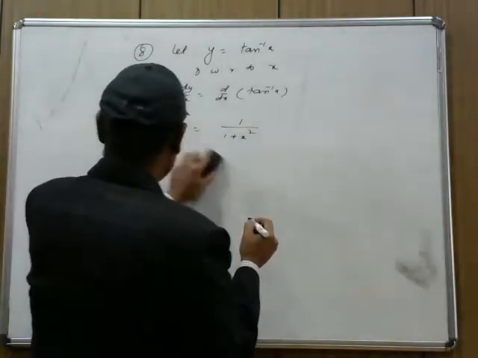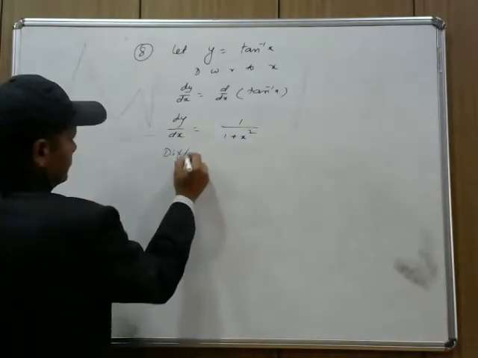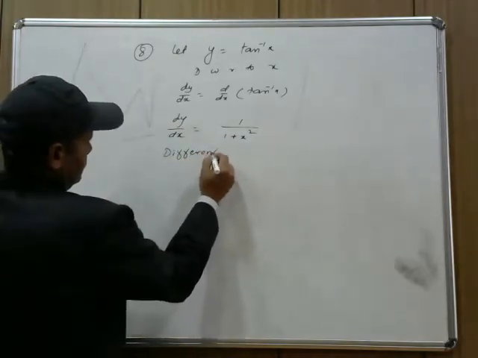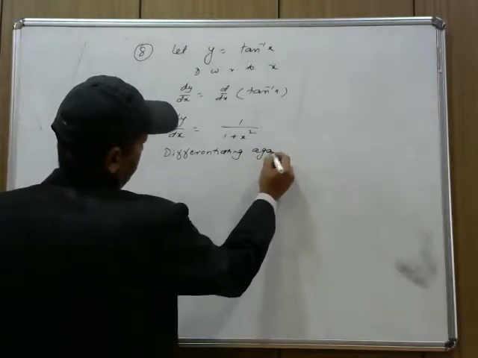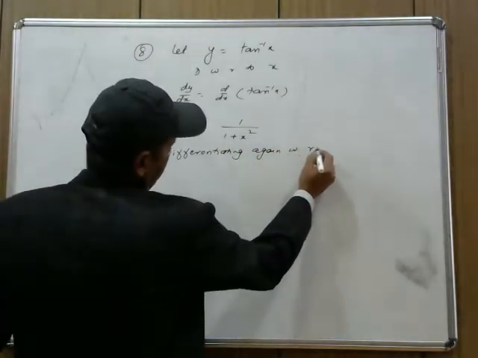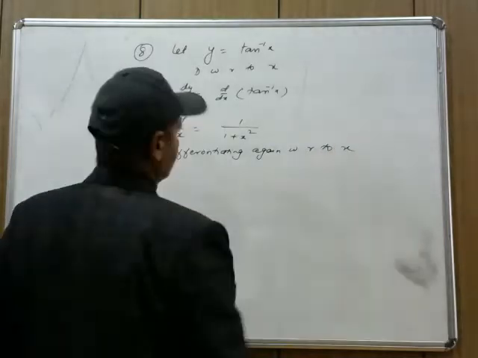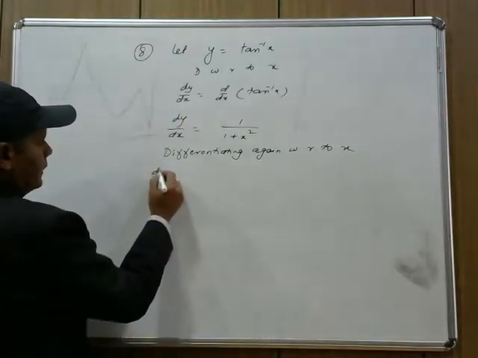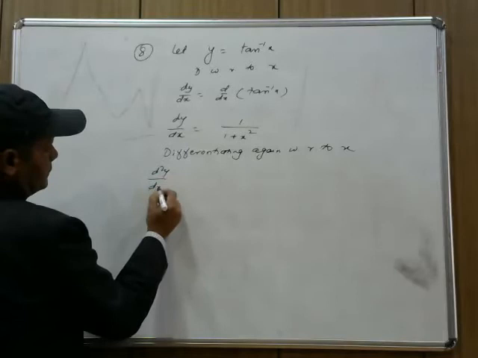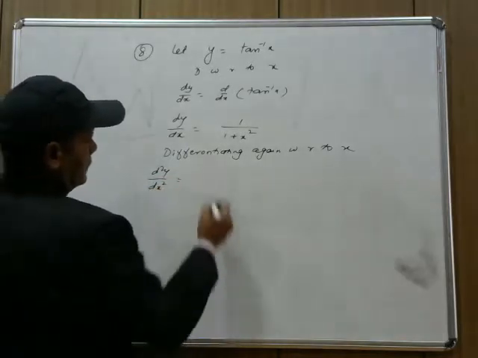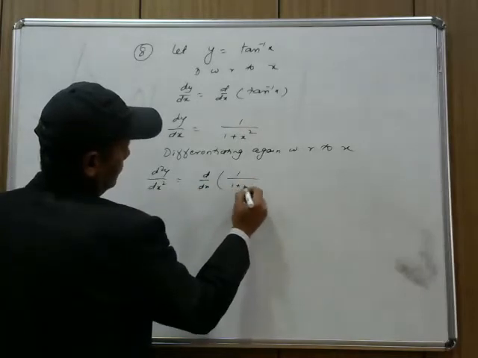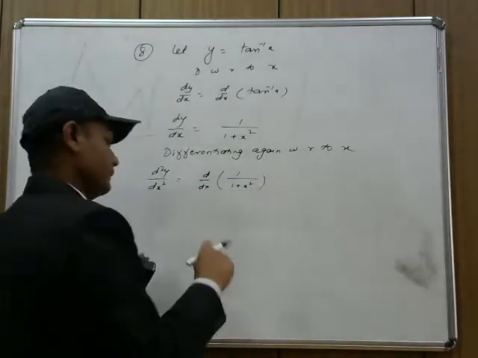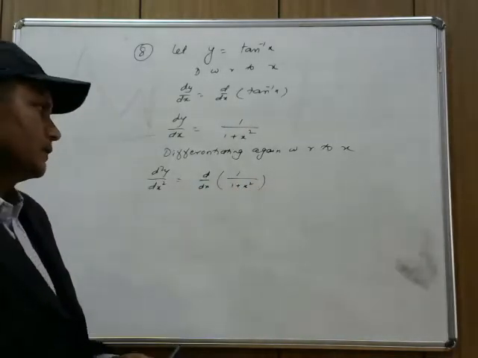Differentiating again with respect to x, both the sides. Here d2y by dx square is equal to differentiation of 1 upon 1 plus x square. Here again we will go by 2 methods.